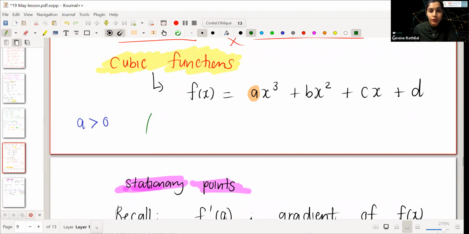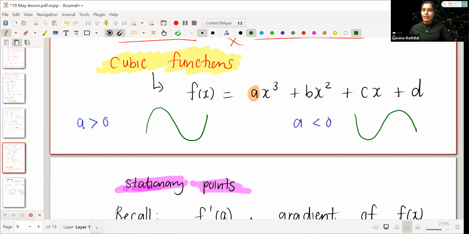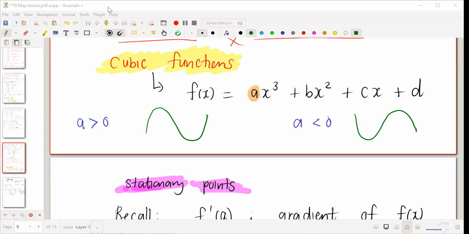We would have a local maximum followed by a local minimum. And whenever it is negative, then we would have a local minimum followed by a local maximum. And so this is the basic shape that you would encounter. Is everybody following up to this point? Ah, wonderful. Lots of yeses coming through.